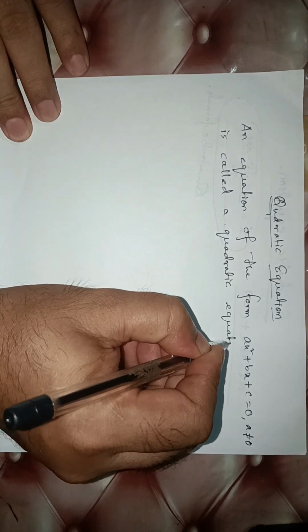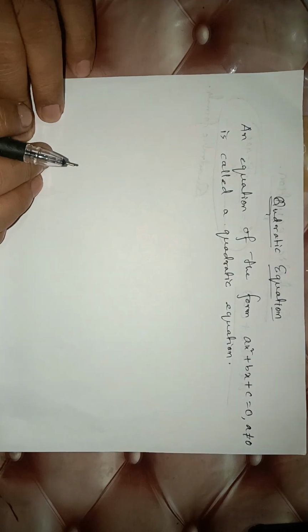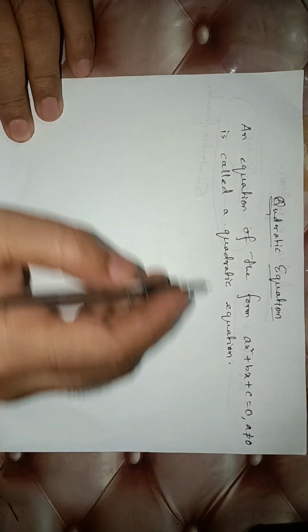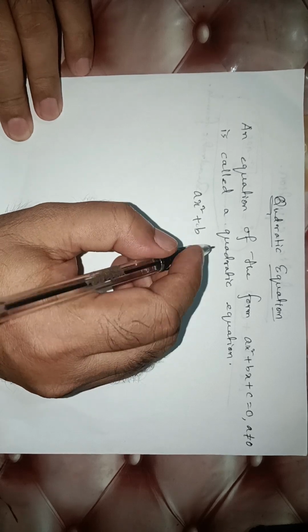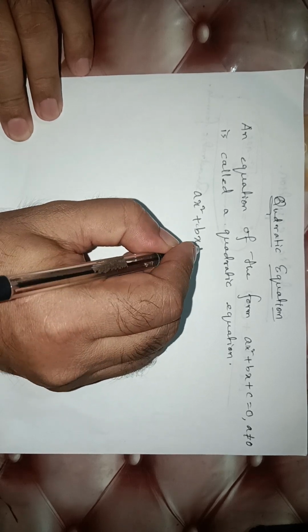Now, ax square plus bx plus c is the main opening door of quadratic equation.